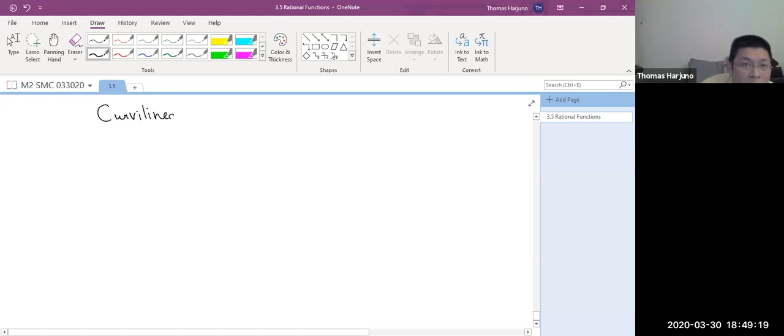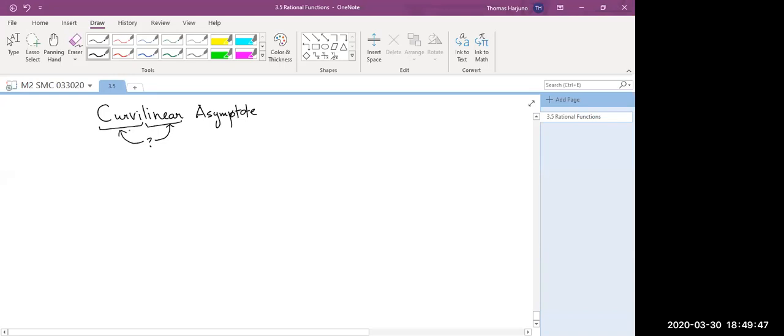It's a strange terminology because the word curve means it's not linear, right? You see that this is actually a contradictory statement in one word. Well, anyway, we try to understand what this means.